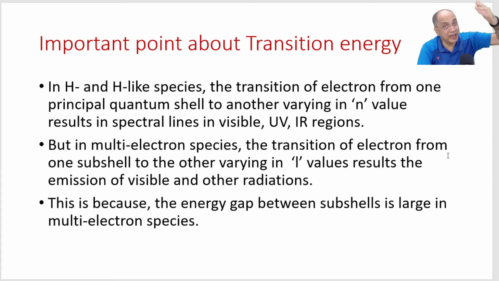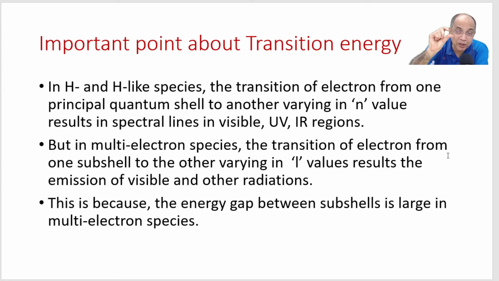So for them, a transition from a higher principal quantum number n to a lower principal quantum number n has to be there to give you an emission belonging to the visible UV region, right?